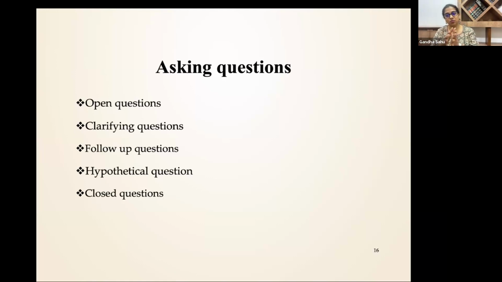Now let's move a little bit to verbal communication, back to something more concrete in terms of what questions to ask. Obviously, when we talk about gathering information, that's what we're doing at this stage.